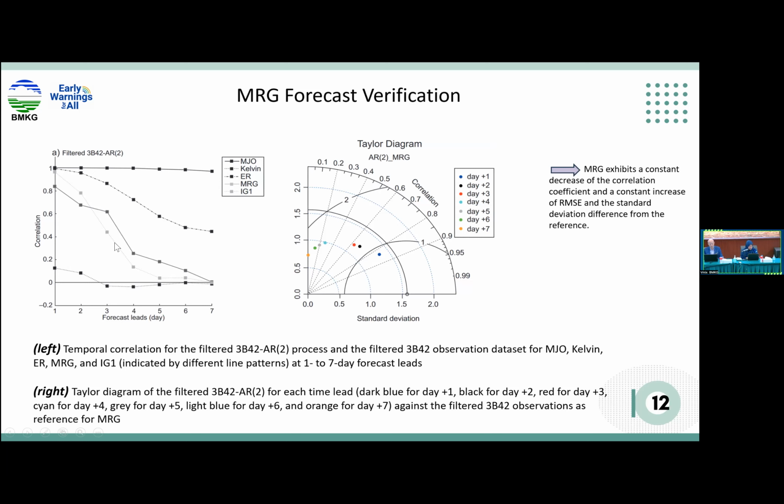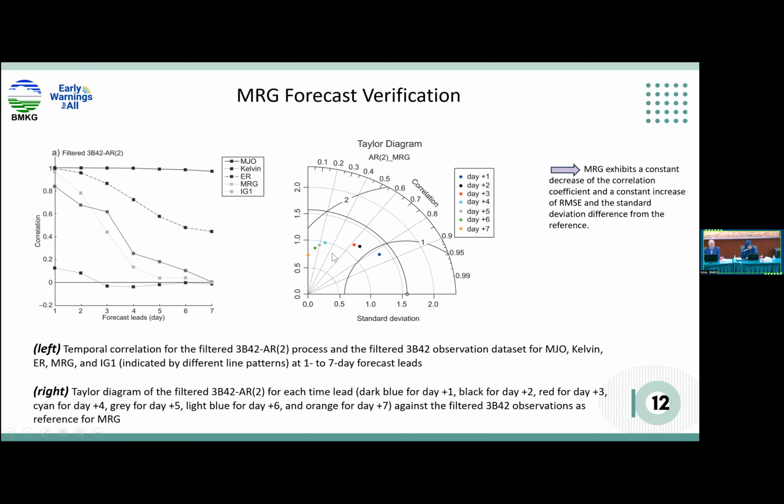But for mixed Rossby-Gravity, the solid gray line, we see that from day 1 until day 3 the correlation is better than from day 4 until day 7. It goes almost to zero correlation in day 7. It shows that the uncertainty becomes bigger in day +7.